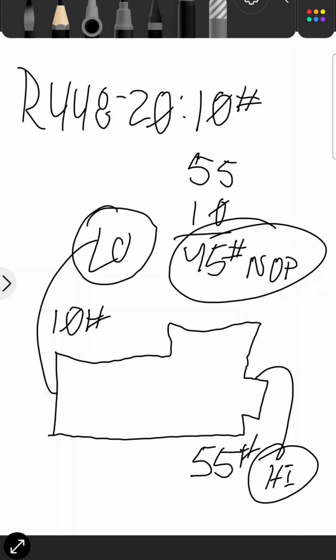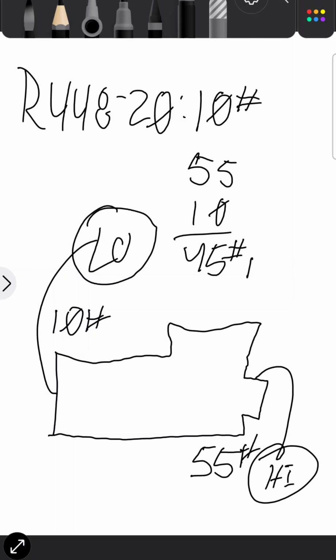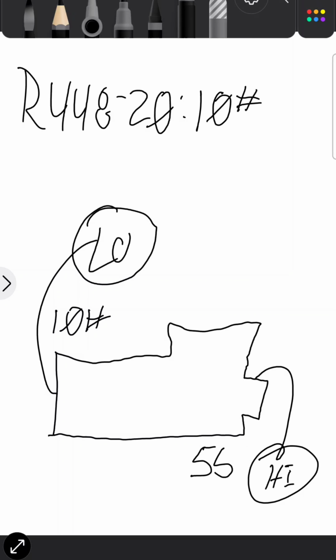Okay. Now, according to that Copeland bulletin, I can have my net oil pressure all the way down to 30 pounds or to 20 pounds. So I can have my oil pump pressure right here down to 30 pounds, because then that would be a 20-pound net, right?